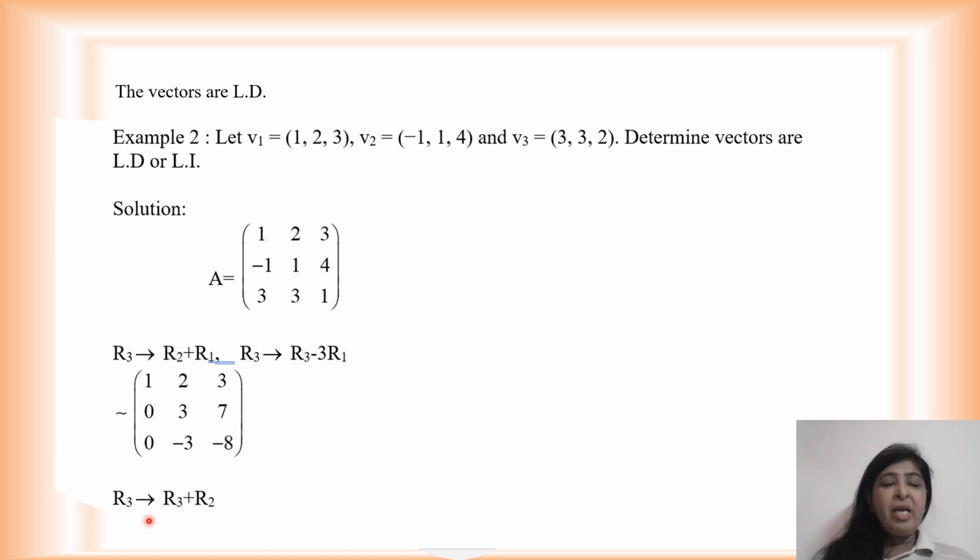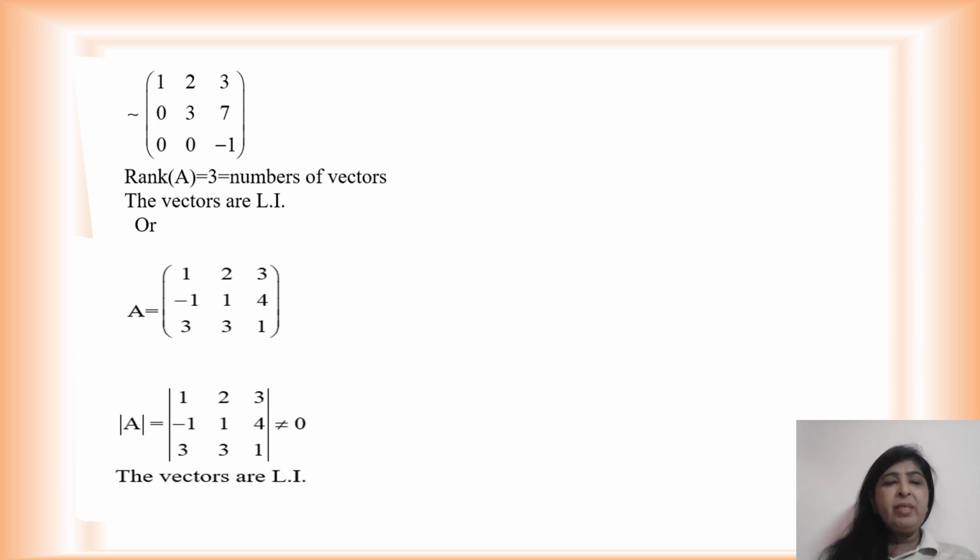Now again I will apply the operation R3 plus R2. It will give me 0 over here, in the matrix in row echelon form. So 1, 3 and -1 are pivots. The number of pivots gives you the rank of the matrix.